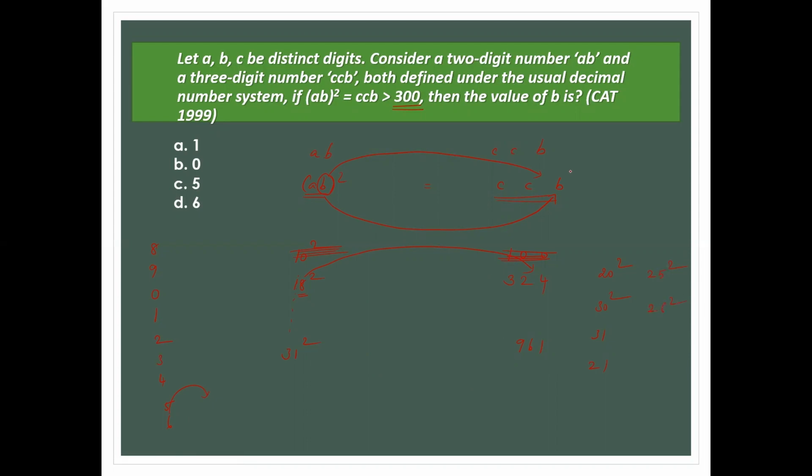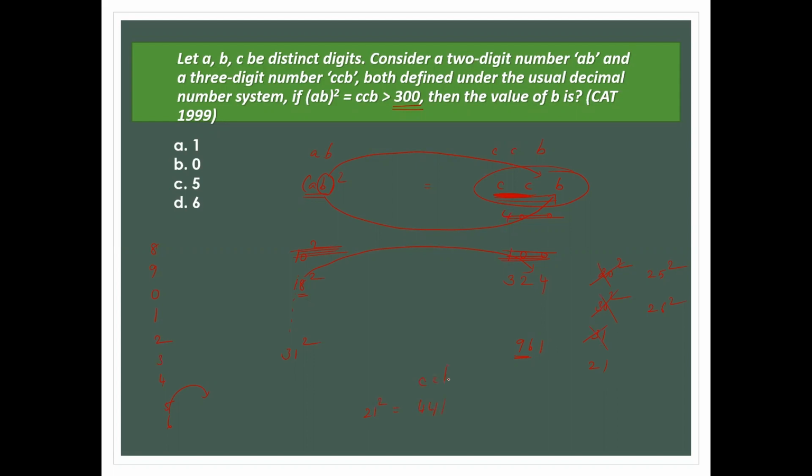One more thing is, the number has to be in the form of CCB. CCB means these two digits have to be repeated. 20 square is 400, which doesn't match this pattern. 30 square is 900, which will not match the pattern. 31 square is 961, and these two digits have to be the same, so this is also not matching. 21 square, what is 21 square? 441.